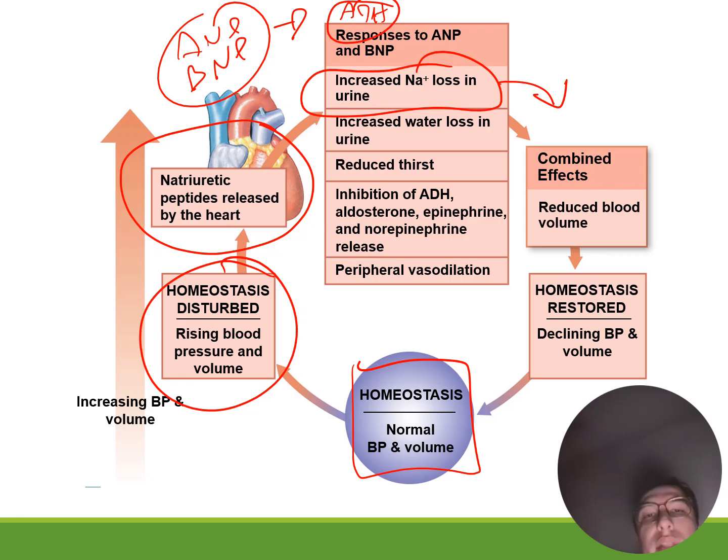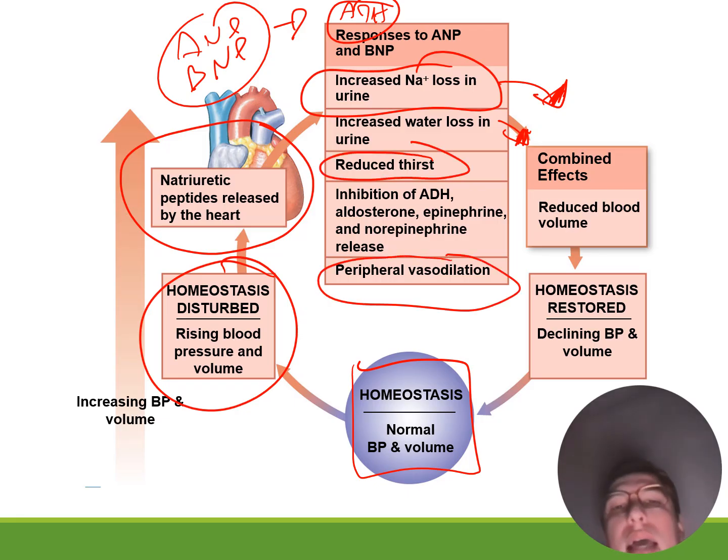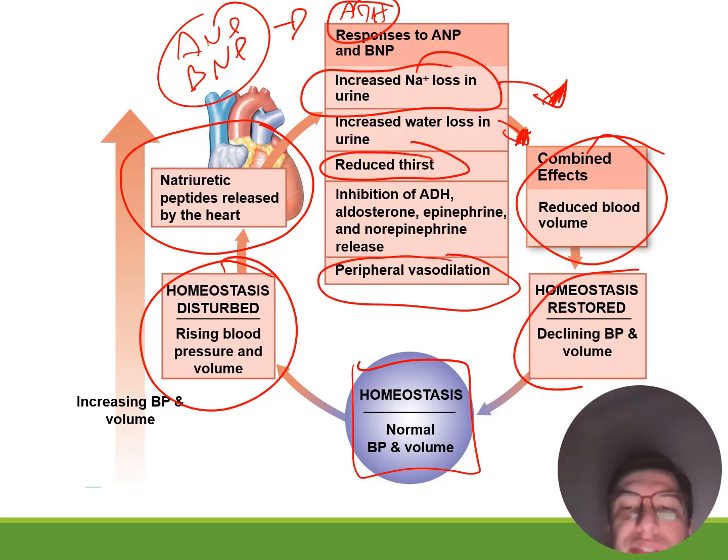And when we have a release of sodium, we're going to have decreased water retention, and water is going to follow. We're also going to have more water excretion. It is going to reduce thirst. It's going to cause some vasodilation, and we're going to reduce blood volume overall to restore that rise in blood pressure.